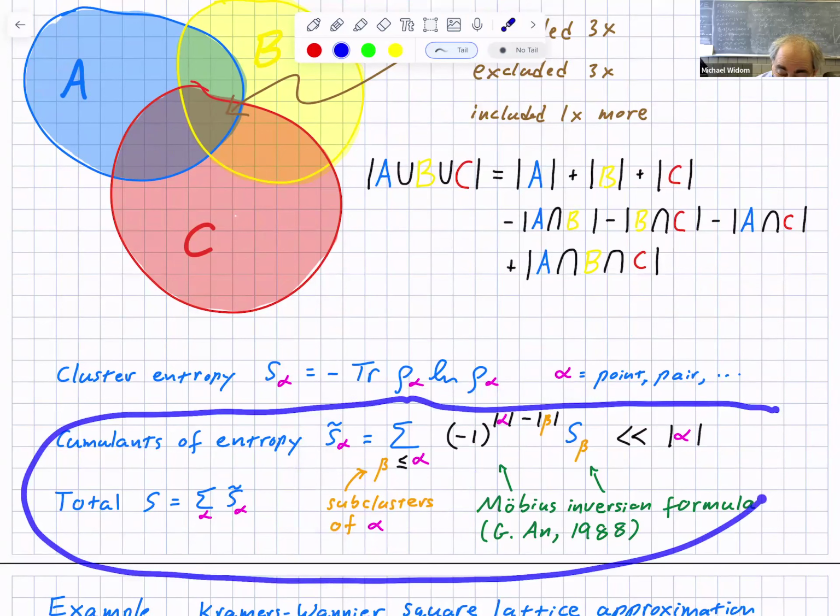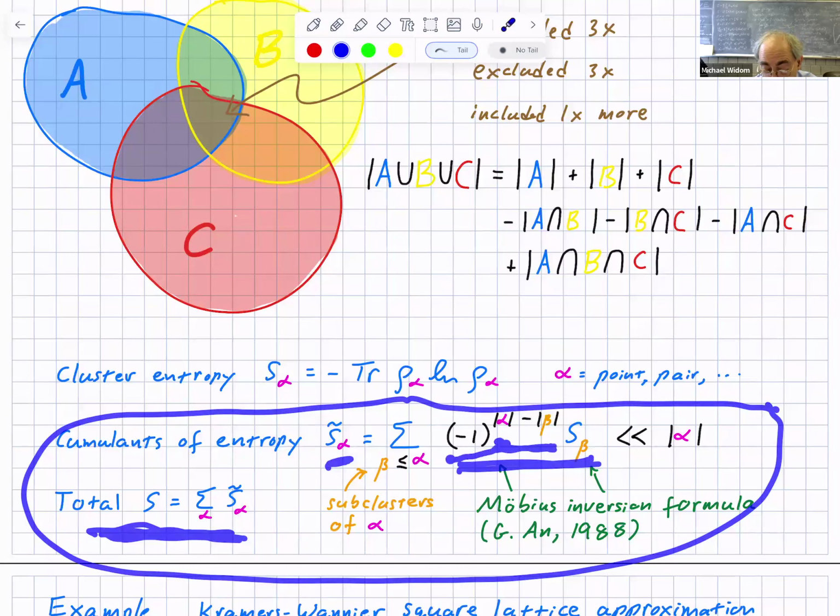So I'm going to say that the total entropy is a sum of cumulants of the entropy. But what is the cumulant of the entropy? Well, for a given cluster alpha, we want to remove all of its subclusters, but some of the subclusters will be 1 point smaller than the cluster itself.